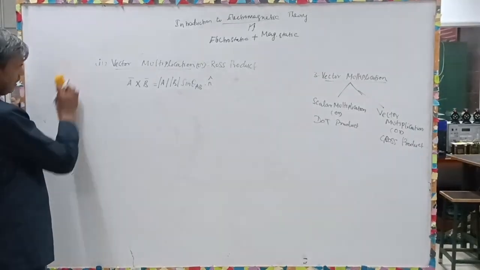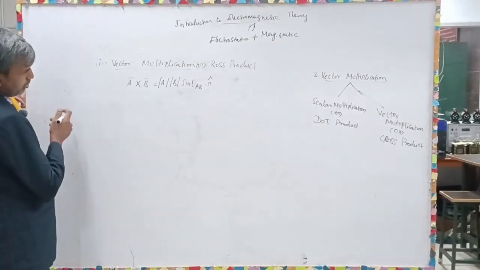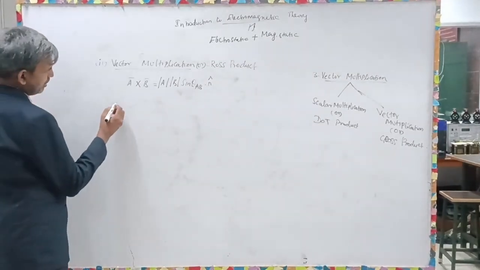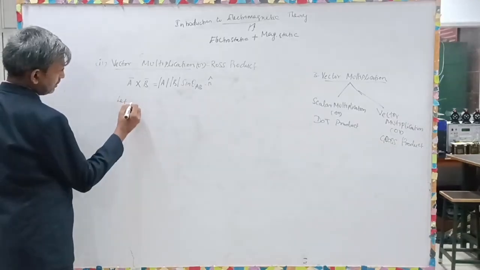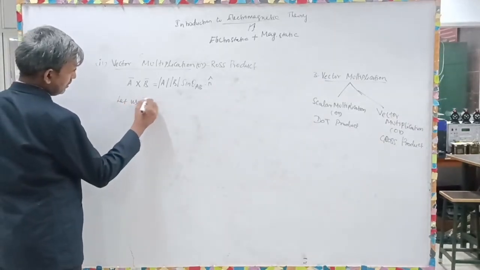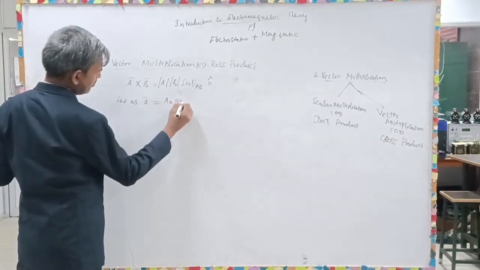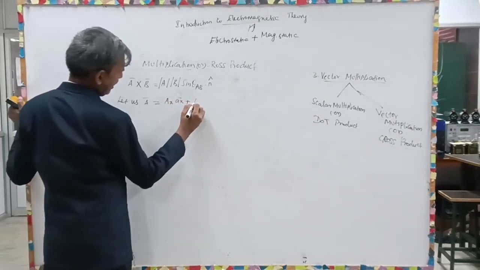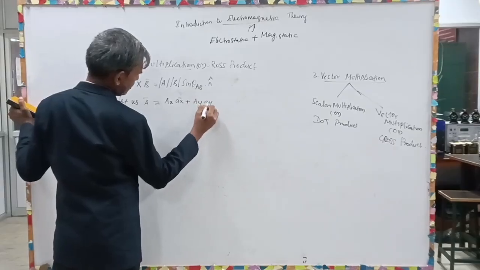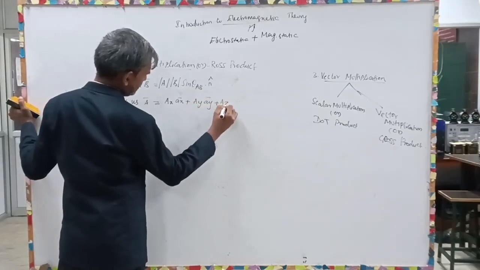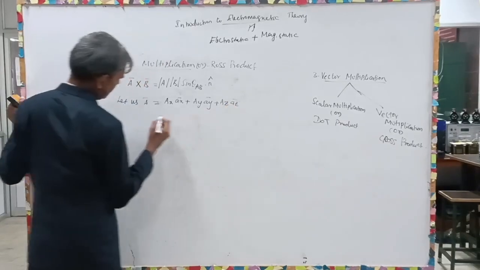So let us consider the two vectors A and B. Let us consider the A vector is equal to Ax along the unit vector Ax, Ay along the unit vector of Ay, Az along the unit vector of Az.